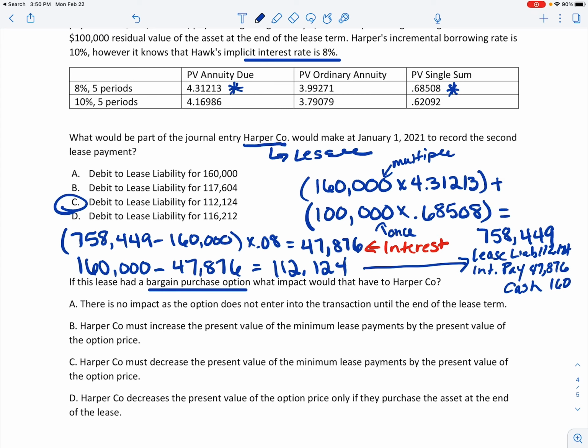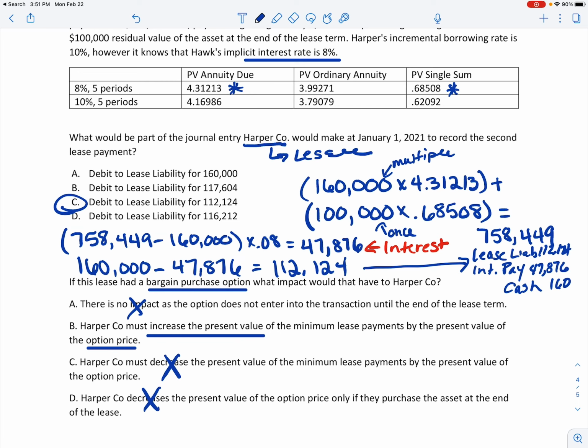Well, let's think about what we have to do with that bargain purchase option. That is going to be an increase to the present value of the minimum lease payments by the option price. We know we're not going to decrease, so we can eliminate those immediately, and then there's no impact.